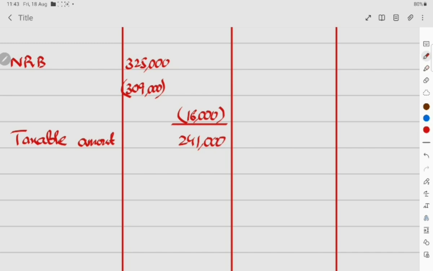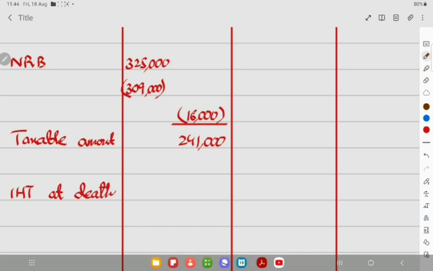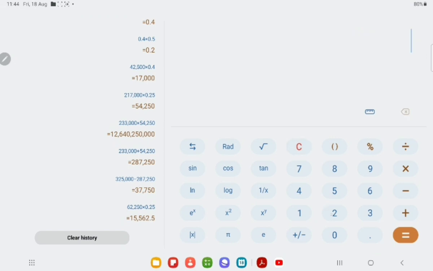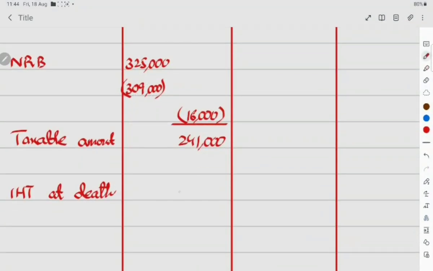Remember that on the date of death, the IHT payable is calculated at the rate of 40%. So what is 40% of 2,41,000? This is 96,400.